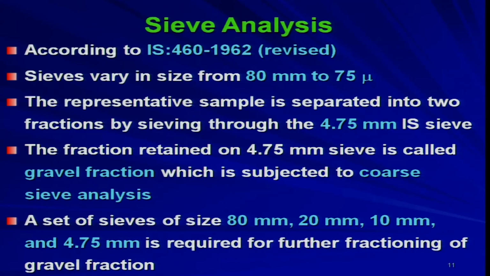So, we will be going for two different kinds of sieve analysis. One is the coarse sieve analysis, another one is the fine sieve analysis. Coarse sieve analysis is associated with the sample retained on the 4.75 millimeter sieve. A set of sieves of size 80 millimeter, 20 millimeter, 10 millimeter and 4.75 millimeter is required for the gravel fraction.